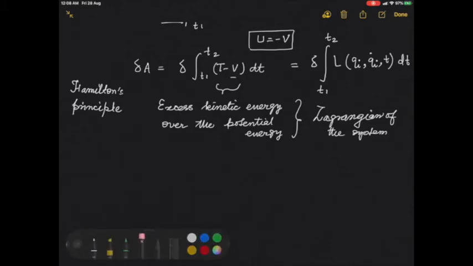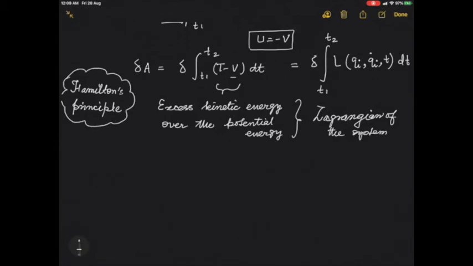What did we do? We used the D'Alembert's principle to start with, and then we came to a different understanding where we said that I have this scalar function. So this is a scalar, right? There is only one function that you have to specify, whatever may be the dimension of the space that you are looking at.